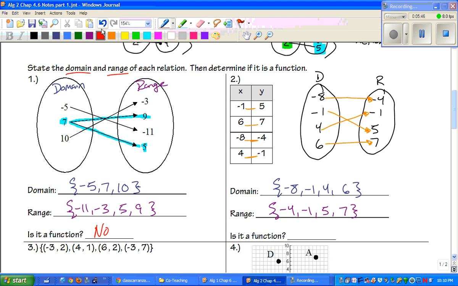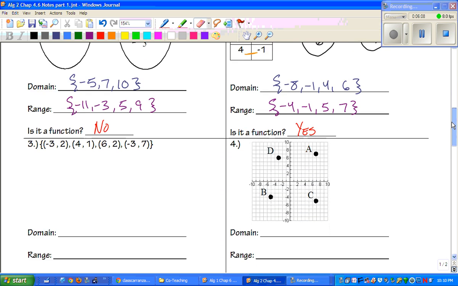Now, is that a function? Yes, because each time we have a domain, it only has one range. And that's what we want. Where in the last one, 7 had 2 numbers that it went to. And that's what we can't have. All right, let's look at the next one.